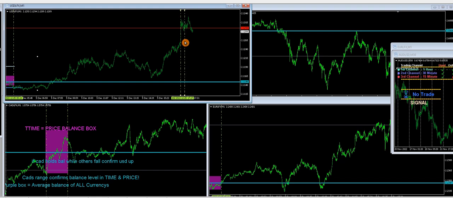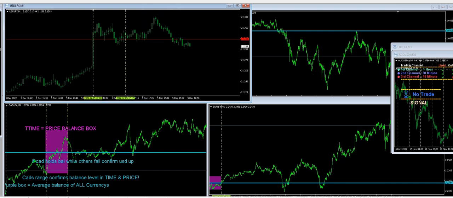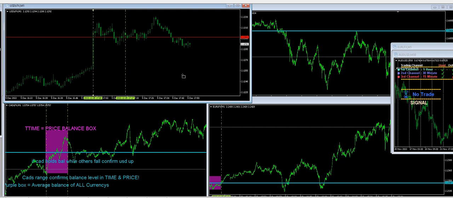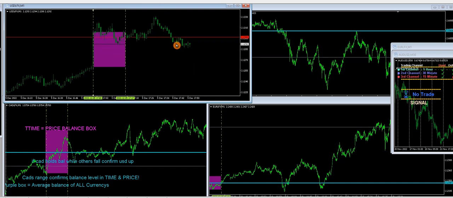All right, that's close enough. Zoom in here. 5 o'clock. So this is our area, the whole box, the whole area. So it's quite big. Now remember, everything's breathing. So if the dollar comes below here, is it really below balance?